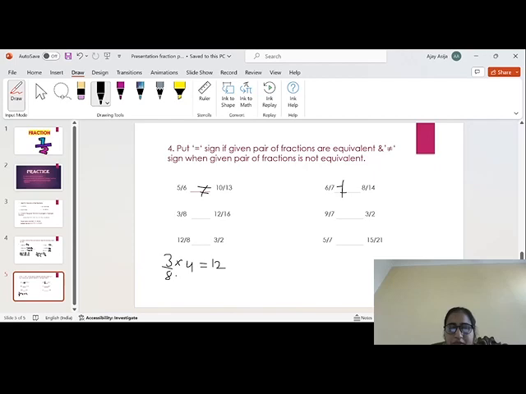Similar operation we have to do here. 8 multiplied by 4, we get 32. So 3 by 8 is equivalent to 12 by 32, not to 12 by 16. So here we put the not equal to sign.